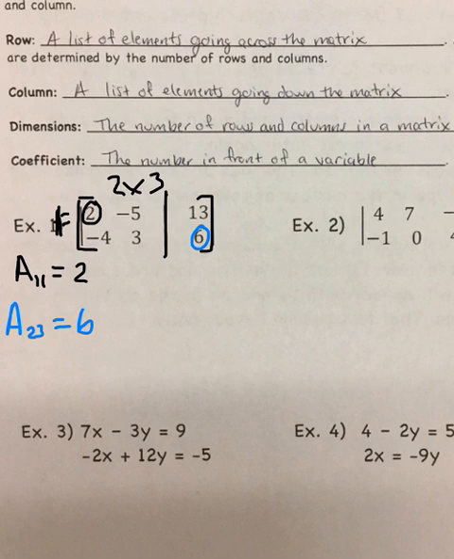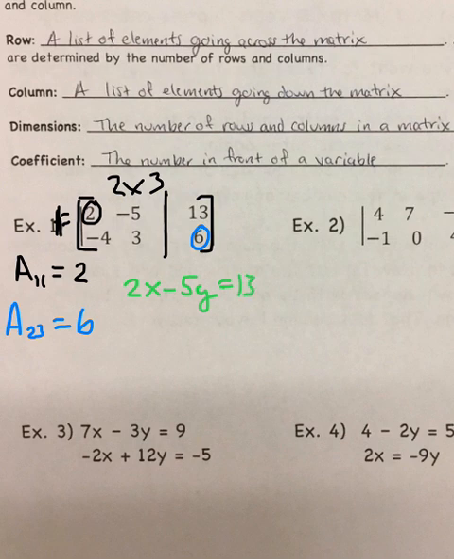Now, what the matrix is actually telling us is these columns are all variables. Left of the equal sign is variables, to the right is just a constant. With 2 variables, I always use x and y. So this would be 2x minus 5y equals 13.